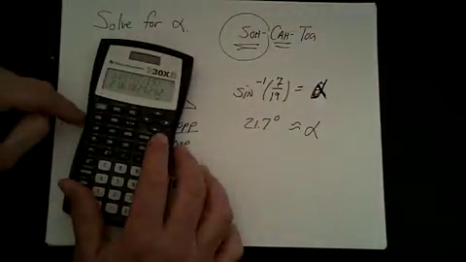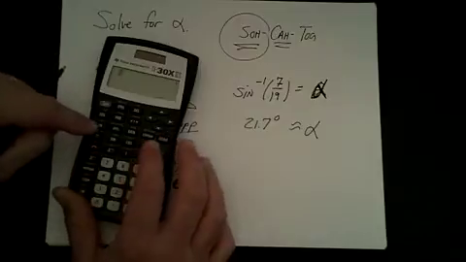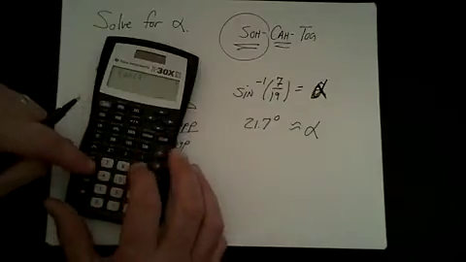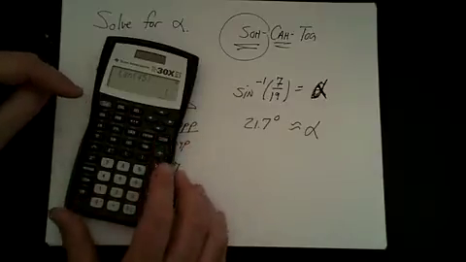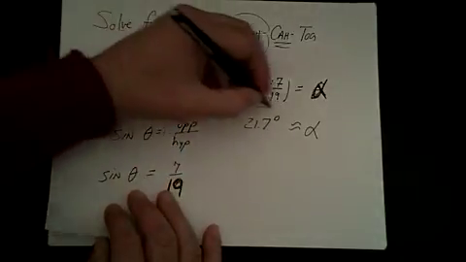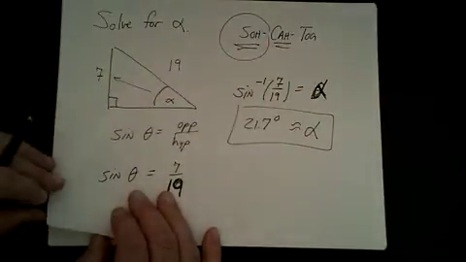You might want to check to make sure that you're on degrees. The way that I check is I just go tan of 45. I memorized that the tan of 45 is 1. If I get 1, it's in degrees. In this case, it is. So alpha is equal to 21.7 degrees.